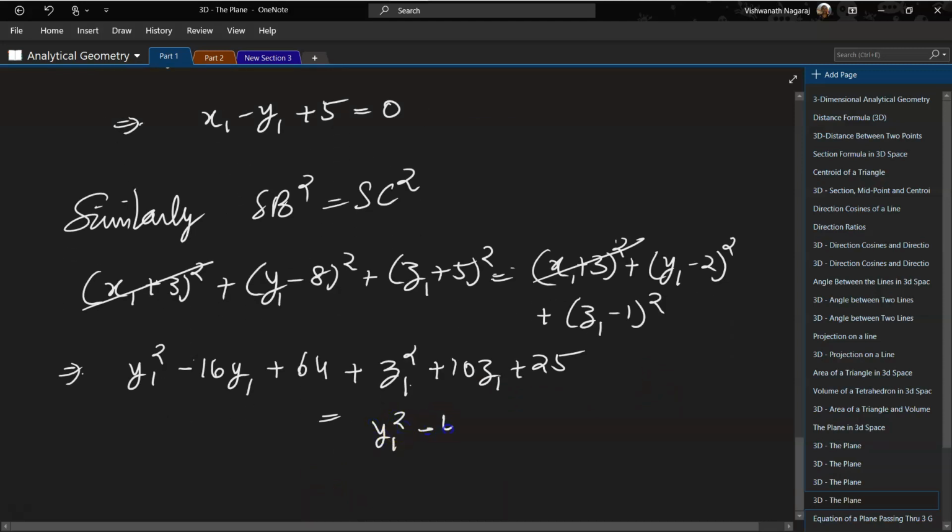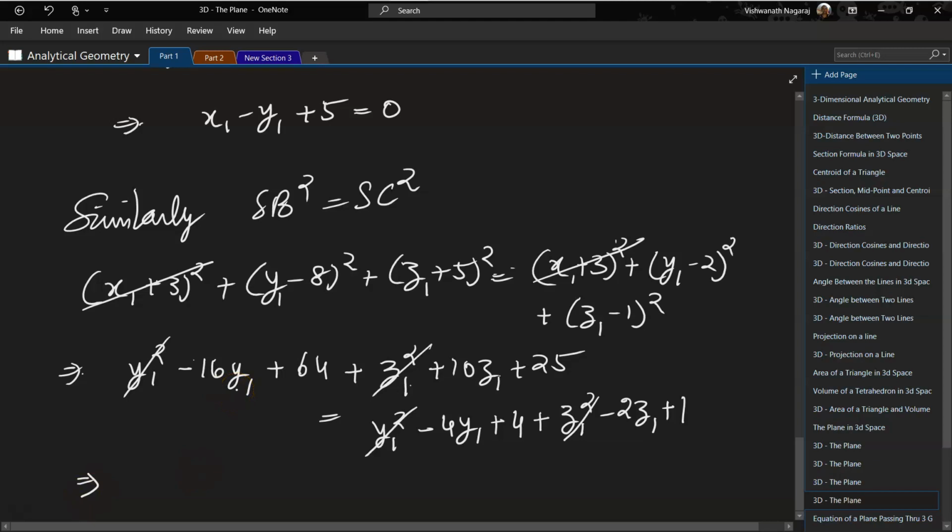y1 square minus 4y1 plus 4 plus z1 square minus 2z1 minus 1 plus 1. Okay, y1 square gets cancelled. z1 square gets cancelled. Anything else? Now let's see what is left out.